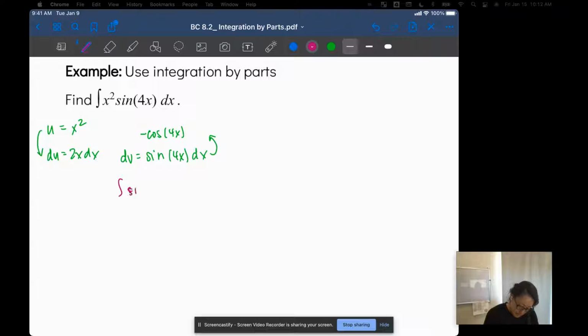The sine of, I'm going to make 4x equal to w. So if w is equal to 4x, then dw is equal to 4 dx.